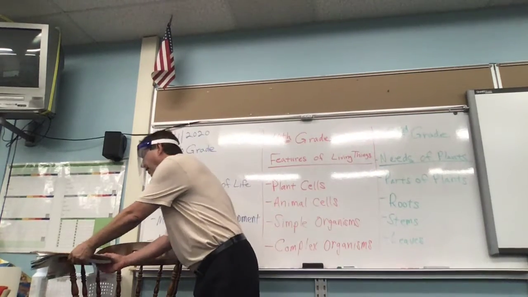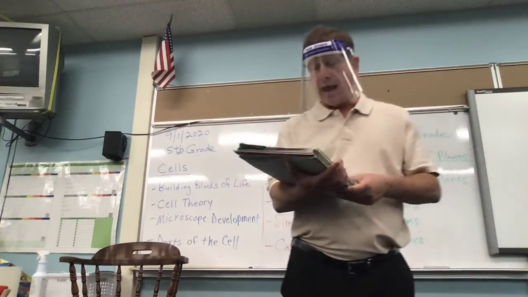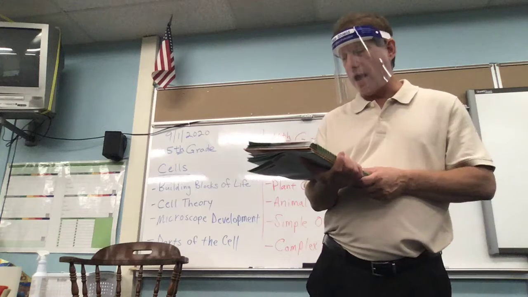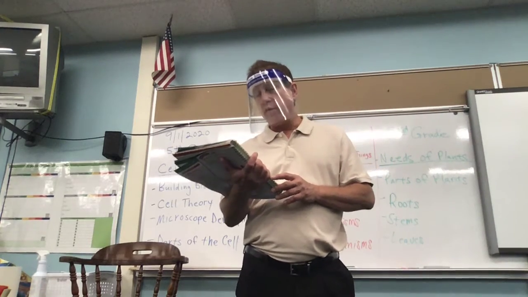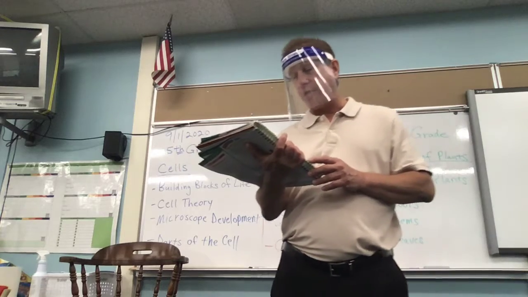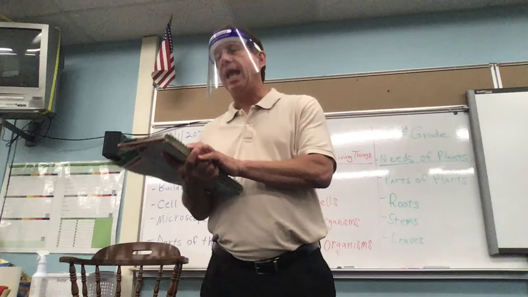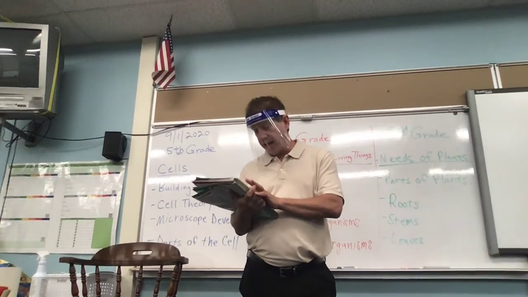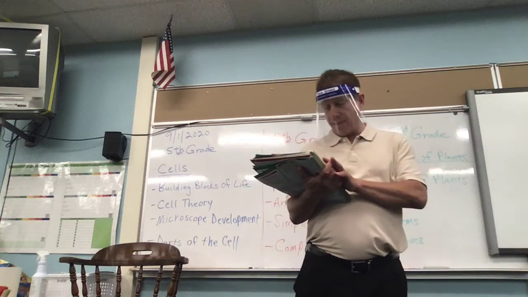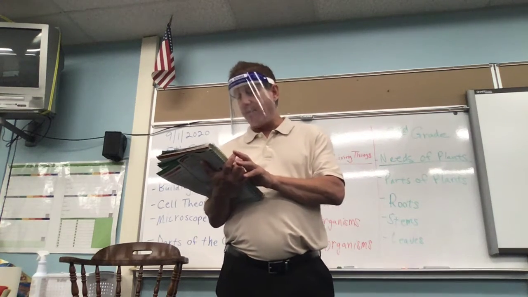So yesterday I read to you page A6. Today I'll read to you the cell theory and microscope development. By using new and improved microscopes, scientists were able to observe cells in detail. In 1838, so that was a while ago, guys. In 1838, German scientist Matthias Schleiden compared different plants and plant parts.